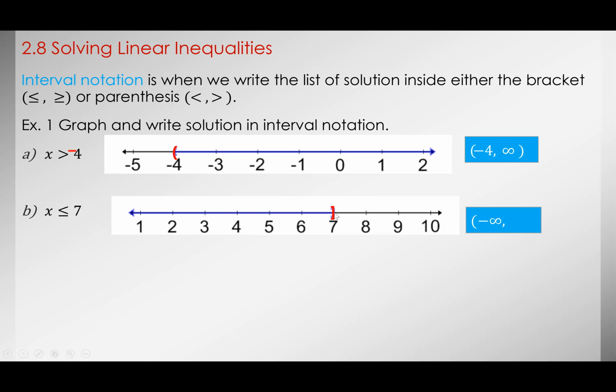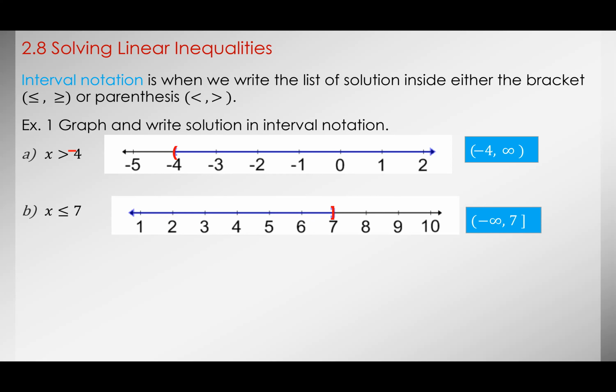And when does this stop? It stops at 7. We cannot pass 7, because any number like 8, 9, 10 is not smaller than 7. This is your interval notation. It just tells you to list them, but because there are so many numbers, I don't want to list individual numbers.